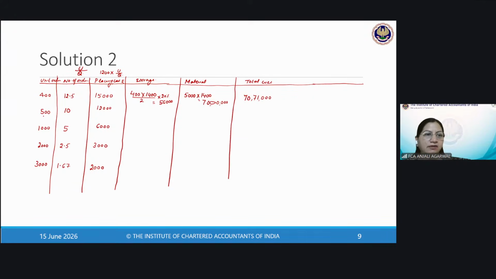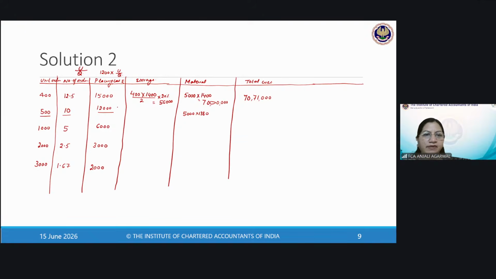What if you place 500 units at a time? So you will be giving 10 orders. 1200 into 10, your placing cost would be 12,000. And what would be your storage cost? So this time the raw material is going to be available for 1380.